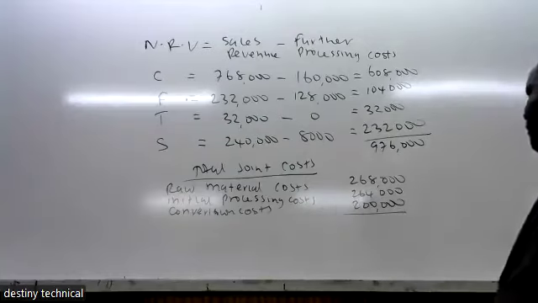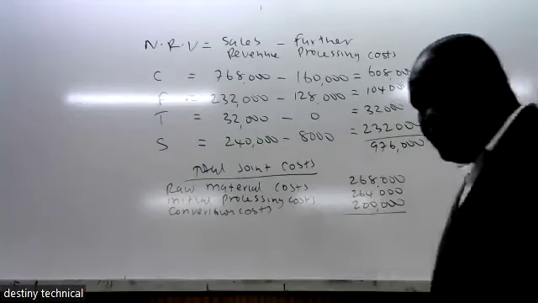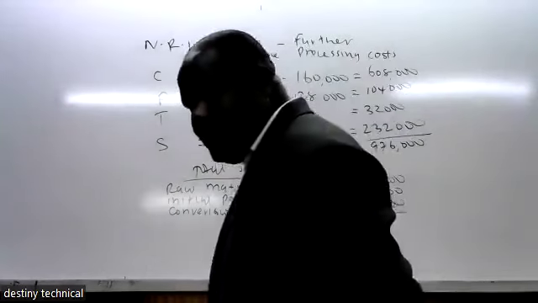So what should be the total joint cost? 7,3.